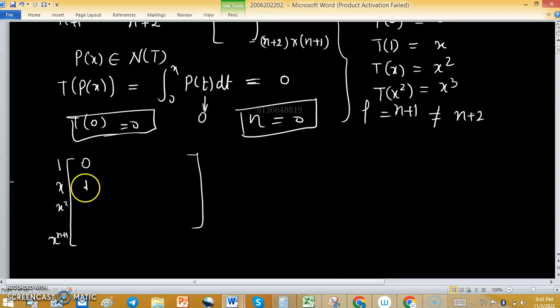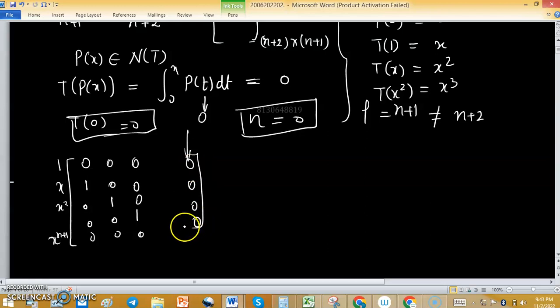So 0 1 0 0 0, then 0 0 1 0 0, then 0 0 0 1 0 0, and finally we will have 0 0 0 and 0. This will be an entire 0 row, or not a 0 column. You will get a lower diagonal of 1s.